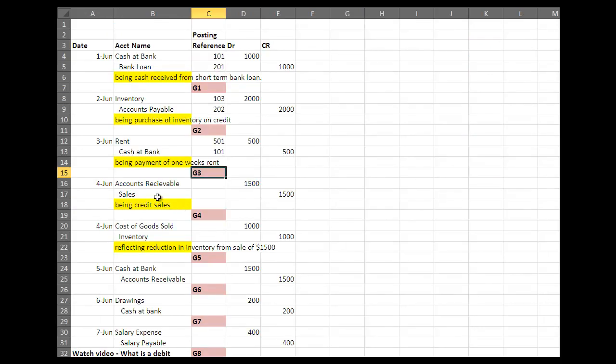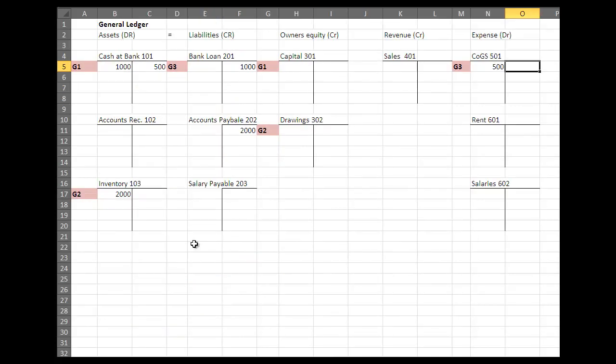G4, accounts receivable $1,500, sales $1,500. Accounts receivable $1,500, sales $1,500, and that's account 102 and 401.